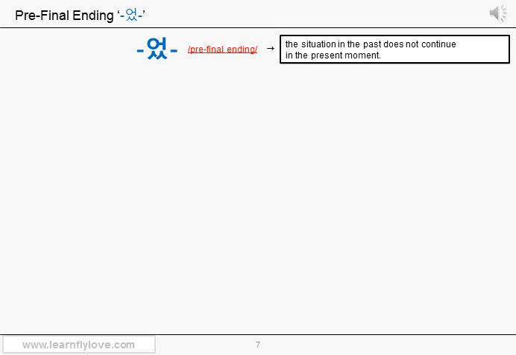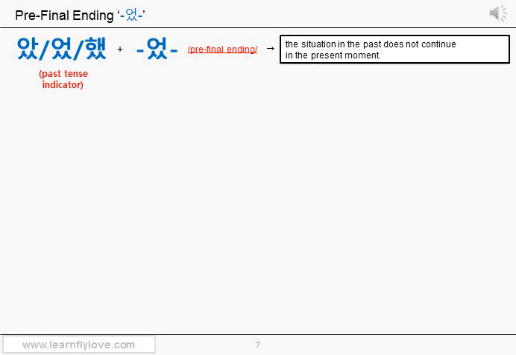As I told you, this pre-final ending 었 is used after the past tense indicator 았, 었, and it adds the meaning that the situation in the past does not continue in the present moment. So it can sound like it emphasizes the past tense, like it happened only in the past and not anymore.